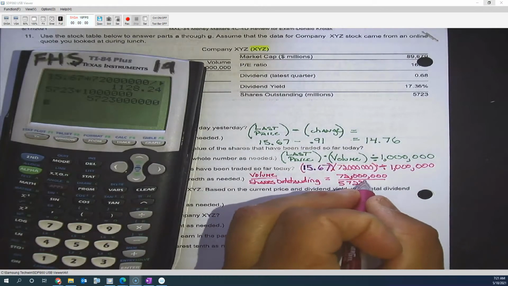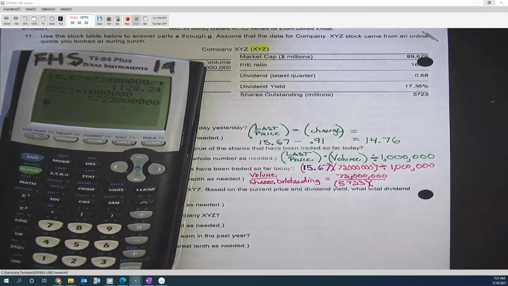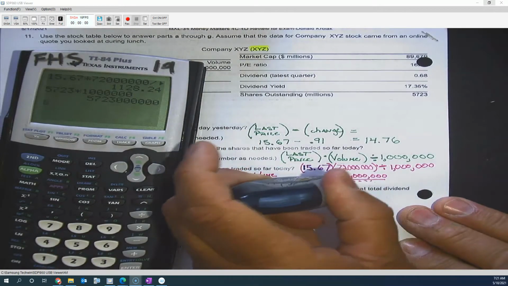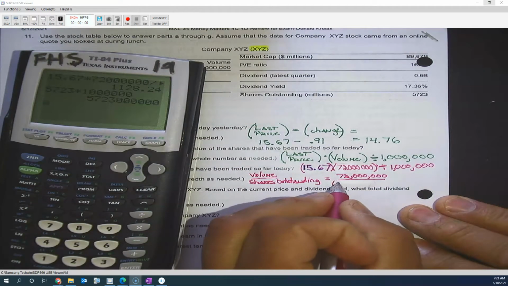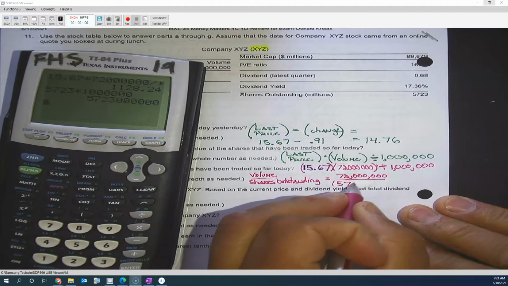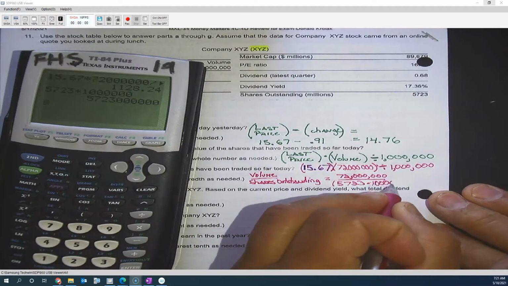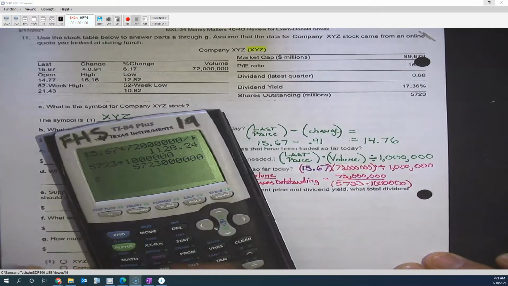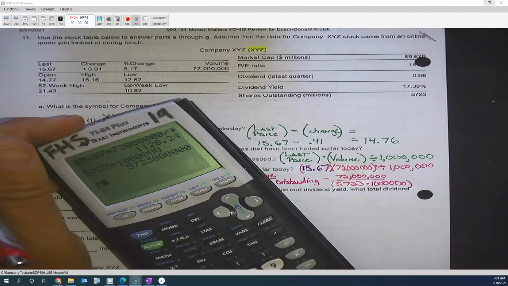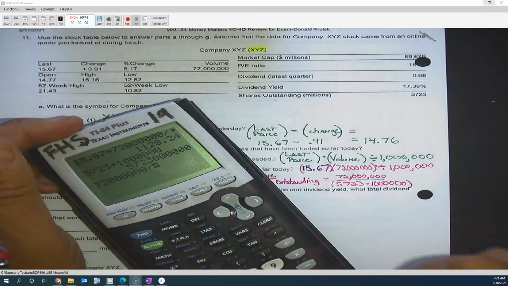Okay. Times 1,000,000. Let's do it like this. Parentheses, 5723 times 1,000,000. Okay. 7200000 divided by second answer.